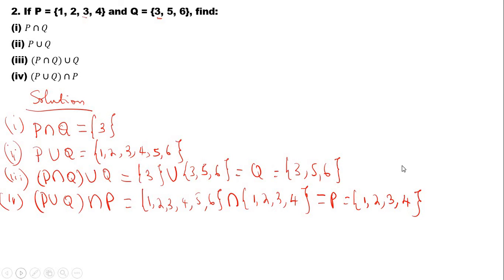Drop your question in the comment section if you have any questions. So our P intersection Q is 3. Our P union Q is 1, 2, 3, 4, 5, 6. And then the others are also there. So look at it again and again and drop your question or comments if you have any.